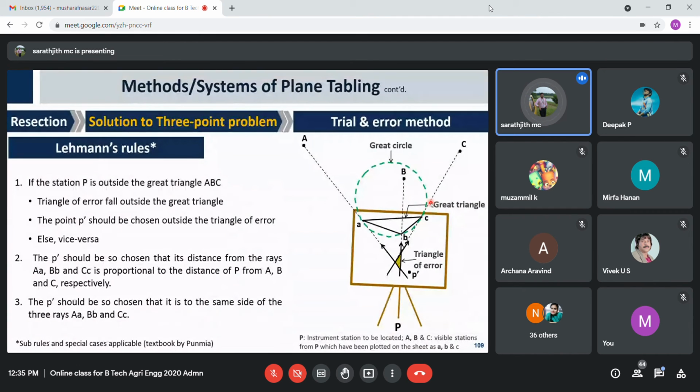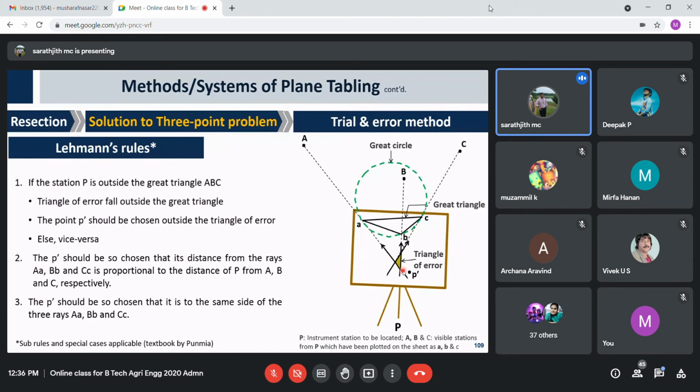Here are Lehman's rules. The first rule is if the station P is outside the great triangle ABC, we are having A, B, and C, then the triangle of error falls outside the great triangle. Yes, we got the triangle of error which falls outside this ABC triangle. The point P dash, which we are arbitrarily choosing, should be chosen outside the triangle of error.